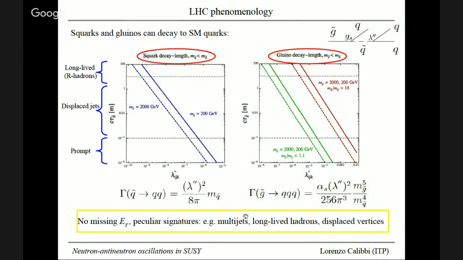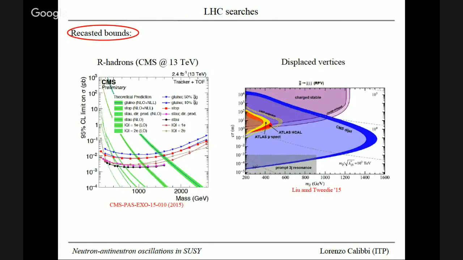So we have to look for the appropriate analysis performed by Atlas and CMS in order to set the constraints of the LHC on our parameter space. We basically had to recast the bounds given by the two experimental collaborations on long-lived colored superparticles, displaced vertices.